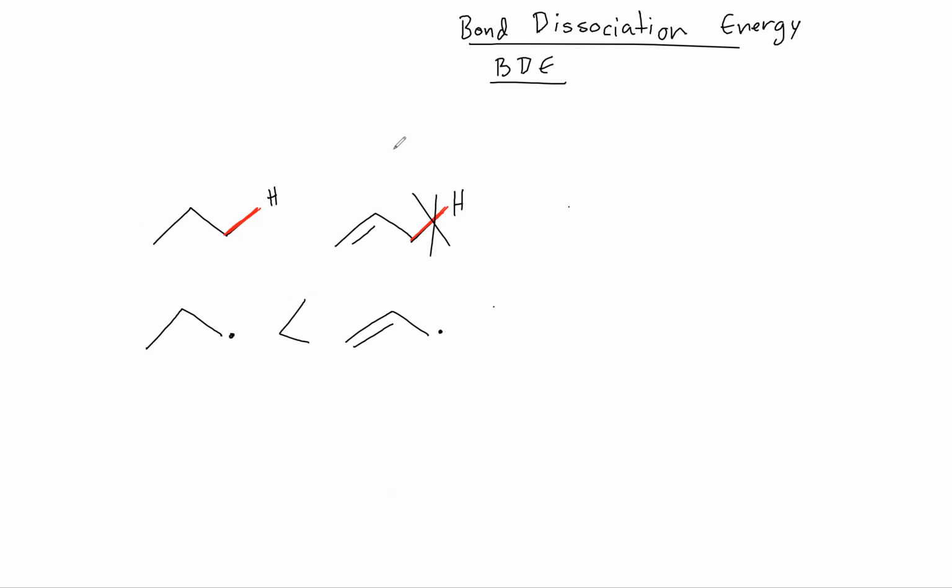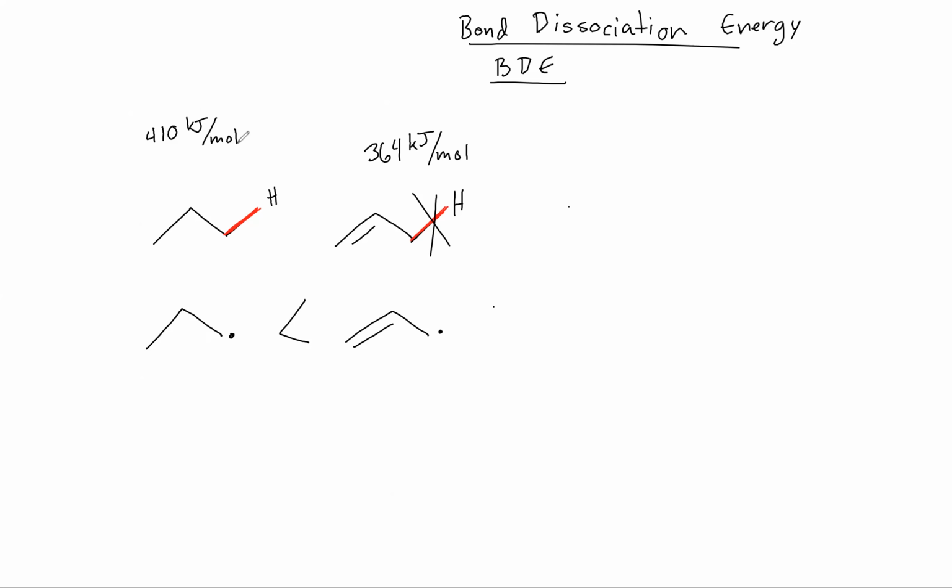It's written in the PowerPoint that this in particular would take 364 kilojoules per mole to break, whereas a primary, this one here, would take about 410 kilojoules per mole to break.